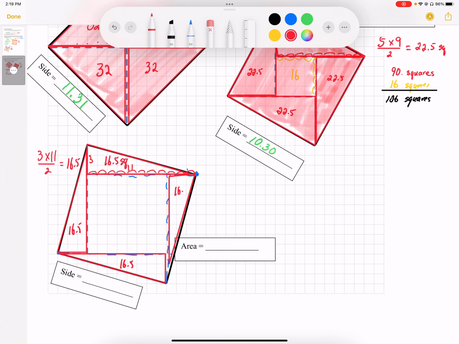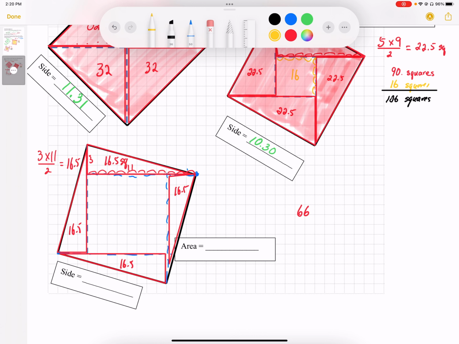So the red area that I have there is going to be 16.5 plus 16.5, and we're going to do that 4 times. Really it's easier to multiply since we have groups of things. 16.5 times 4 gives us 66. So far we have 66.